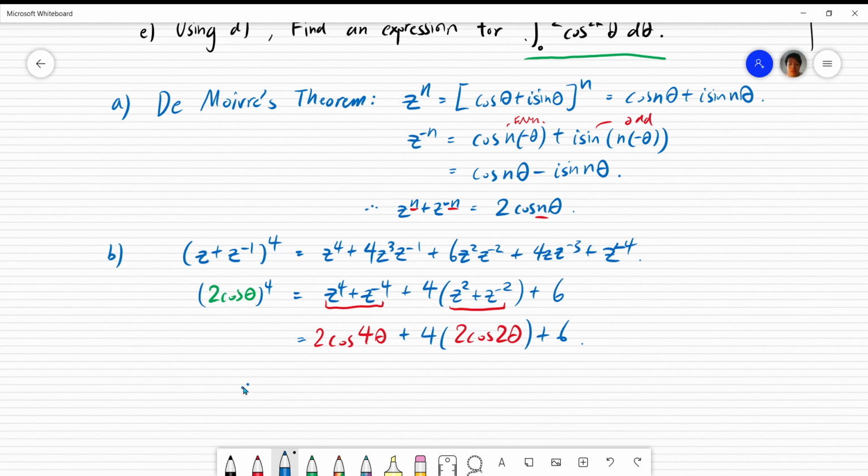So therefore, cosine to the power 4 theta is equal to 2 over 16, that's 1 over 8, cosine 4 theta, plus 8 over 16, that's going to be 1/2, cosine 2 theta, plus 6 over 16.